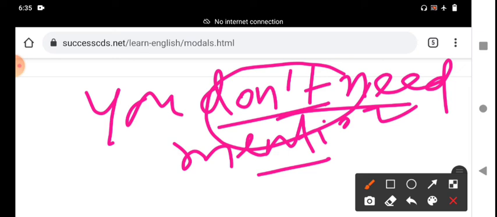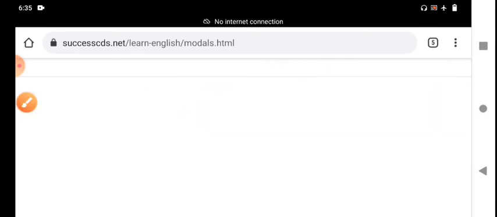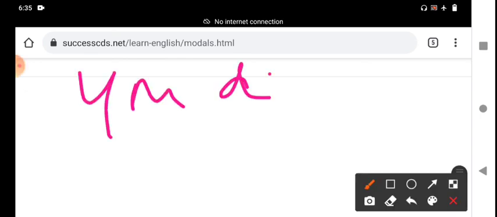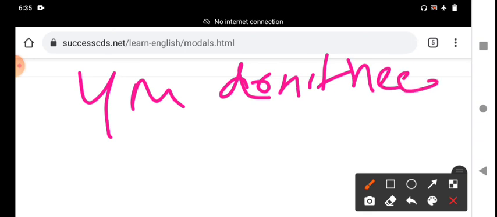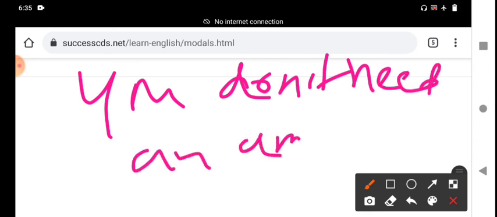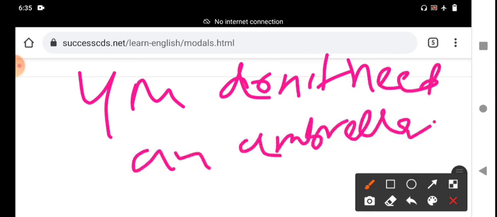In the above example, the meaning is the same. For semi-modals, need as a main verb and need to. We must use the main verb need when it is followed by a noun phrase. Noun phrase, main verb: You don't need an umbrella.